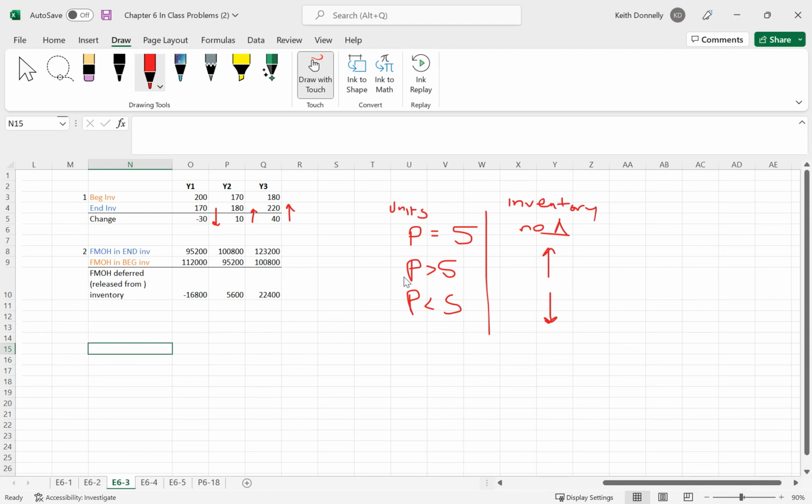Now, the next column here is our absorption costing. It's going to be equal to our variable costing. The idea here is your net operating income.